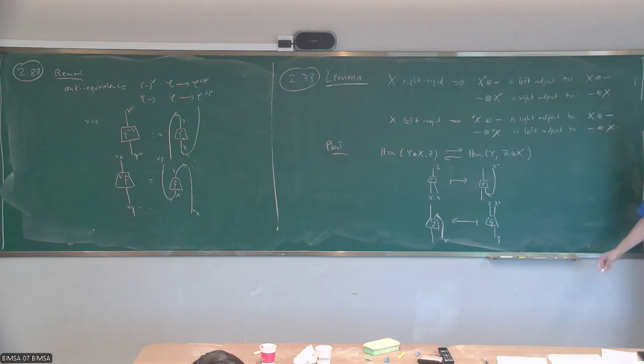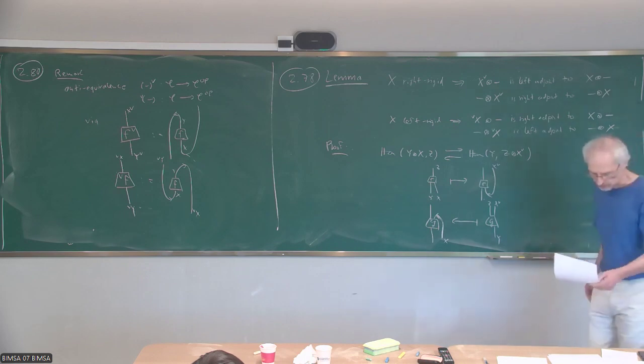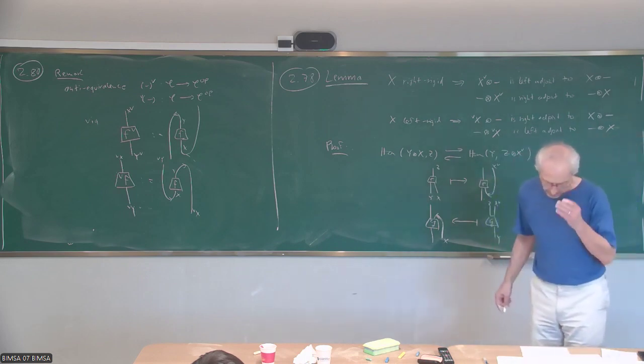And clearly, just by the snake identities, these are two-sided inverses.